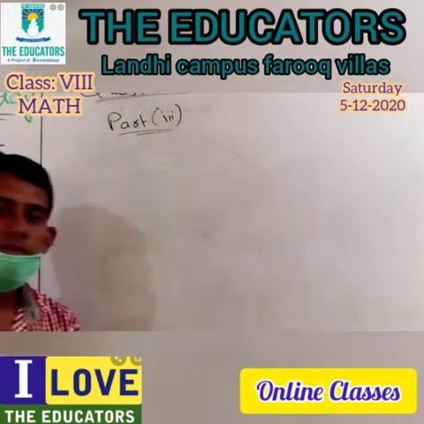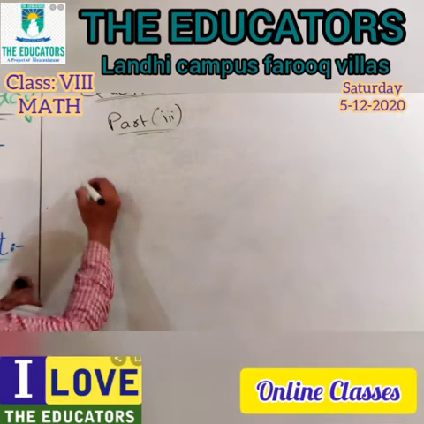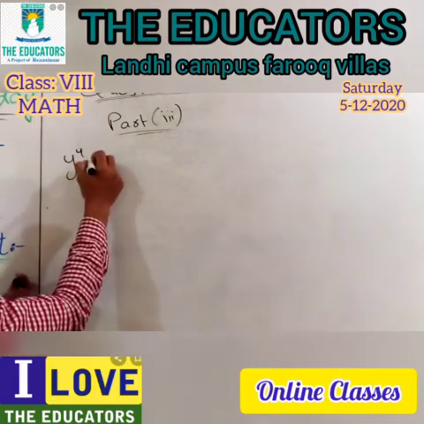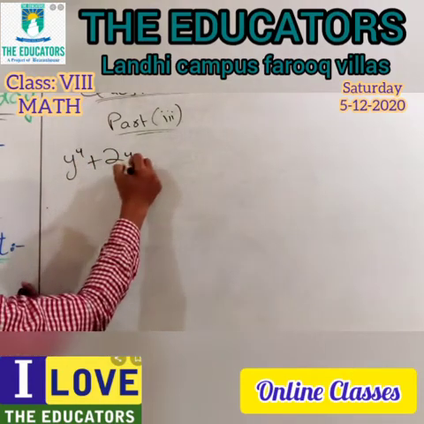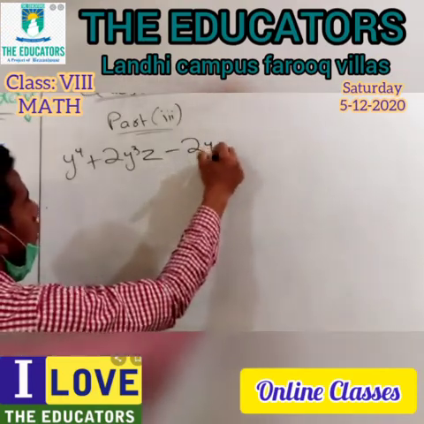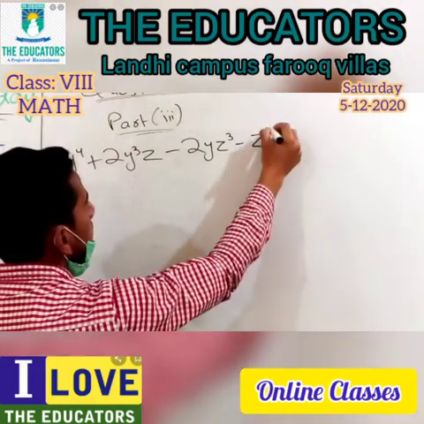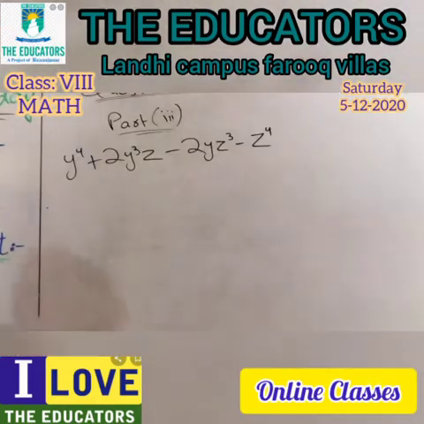Now I'm solving part number 3 for you. Part number 3 is y4 plus 2y cube z minus 2y z cube minus z4. Now let's solve it.